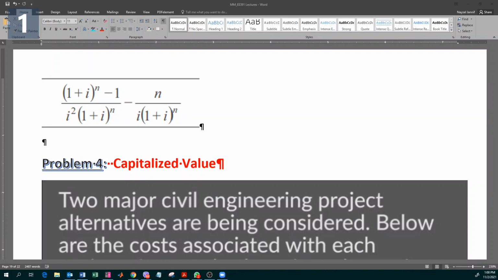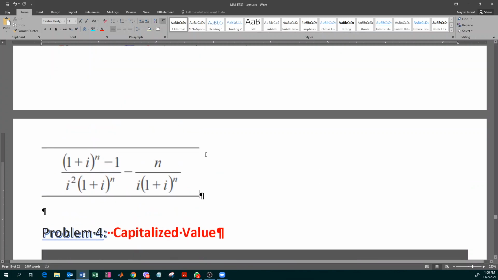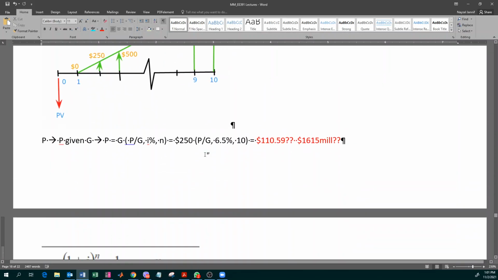Okay. All right. Can you please confirm if you can see the screen? Bhavish and Hafiz, can you guys confirm if you can see the screen?